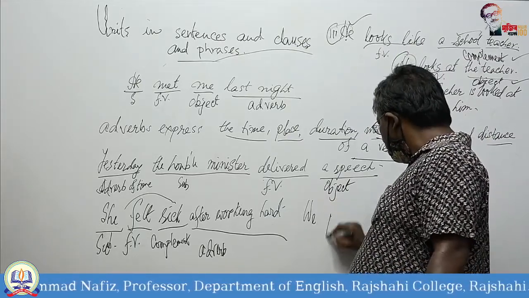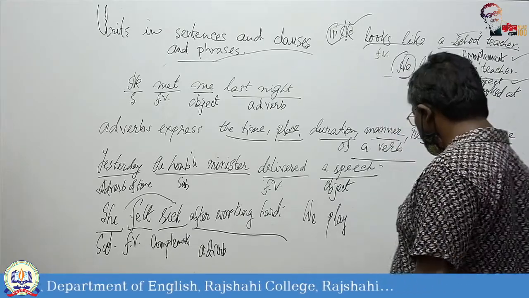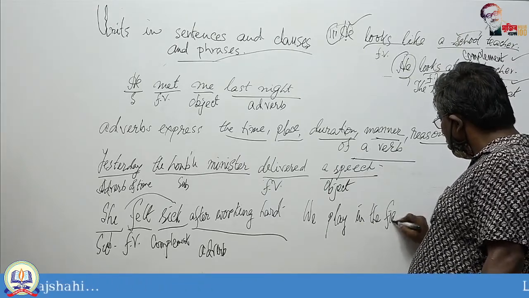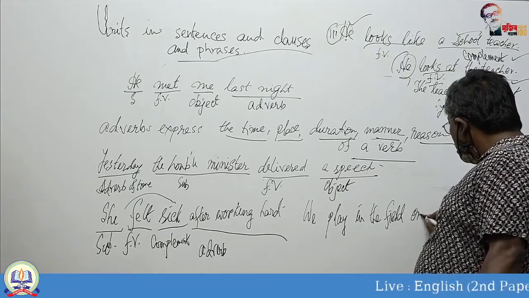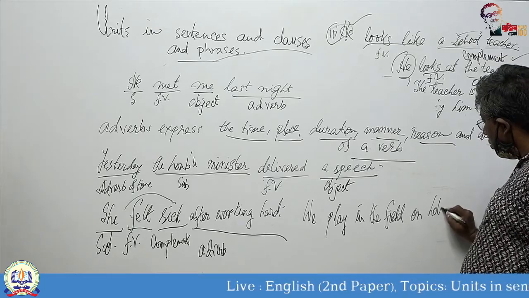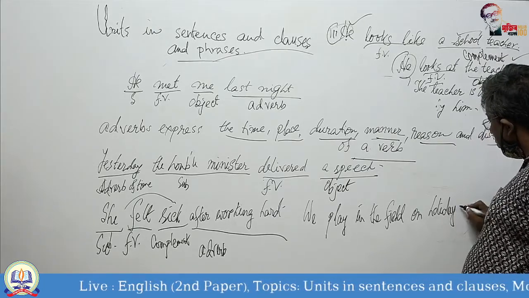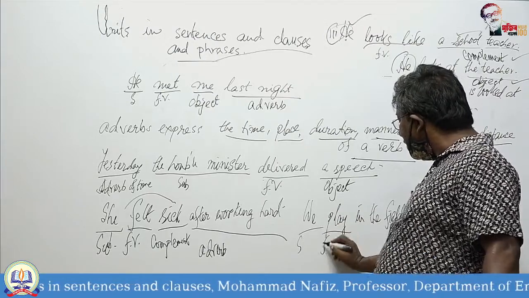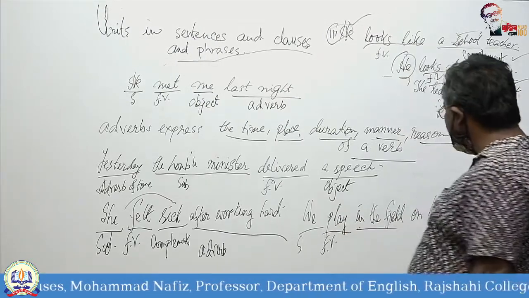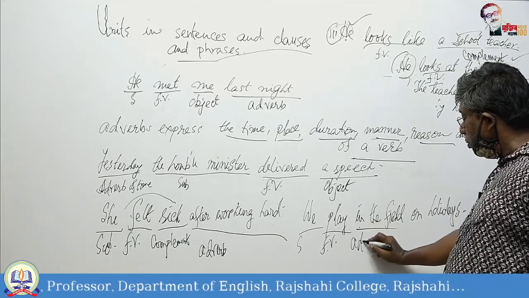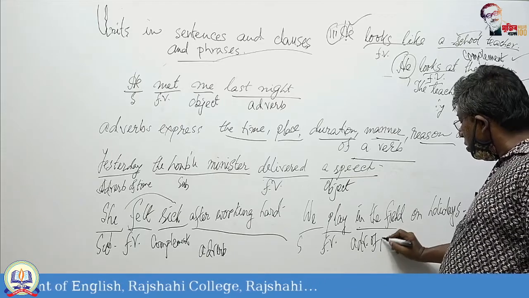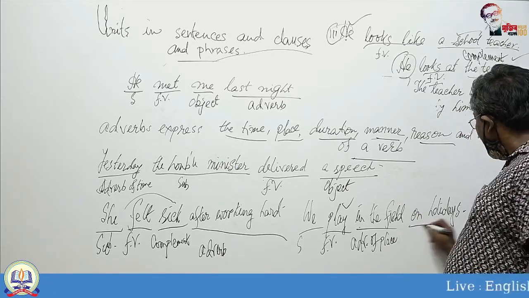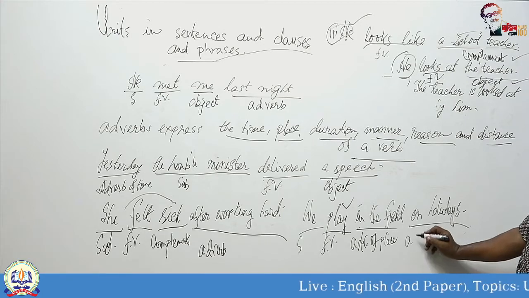We play in the field on holidays. In this sentence, we is the subject, play is the finite verb, in the field is an adverb of place where the verb play takes place, and on holidays is another adverb in the sentence.